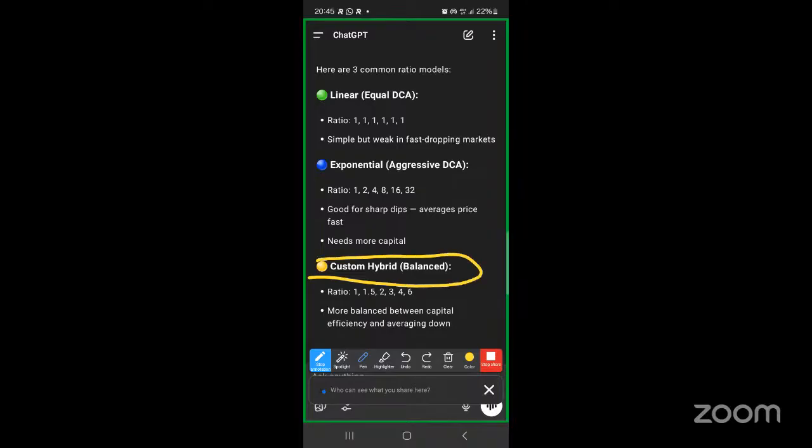Custom hybrid is a mixture. It's 1, 1, 5, 2, 3, 4, 6. Not very aggressive. It is more balanced between capital efficiency and averaging down.